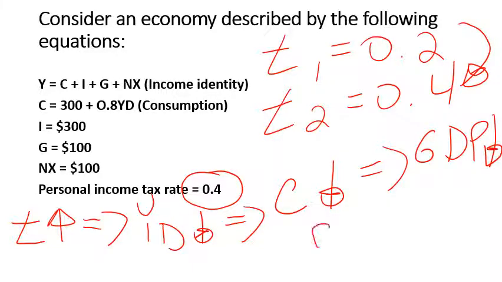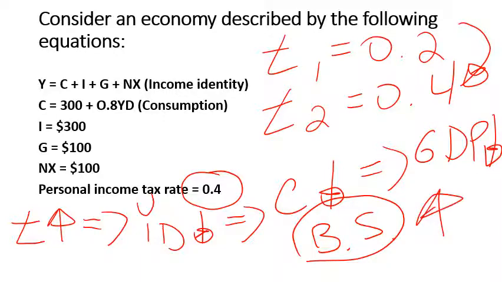So what we're going to expect about the budget surplus is, let's see, a higher GDP will probably bring the budget surplus up. All right, let's see if our calculations verify these conceptual answers.